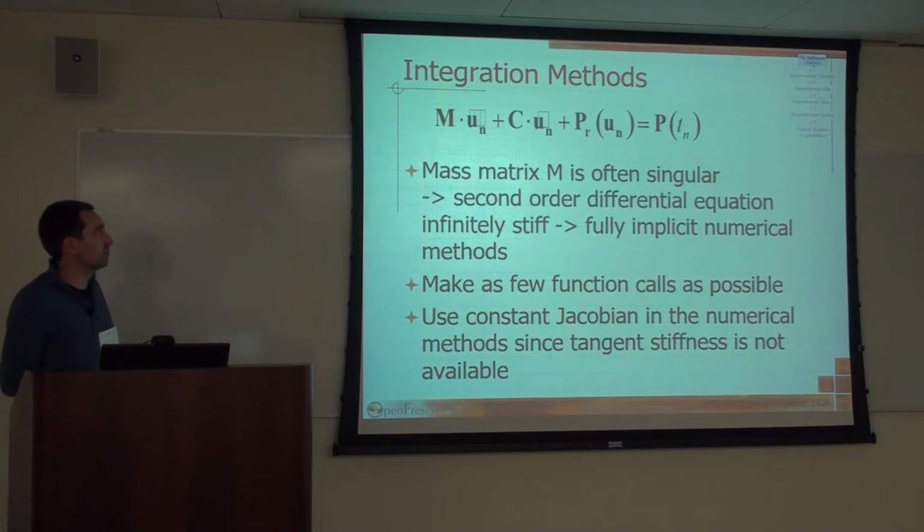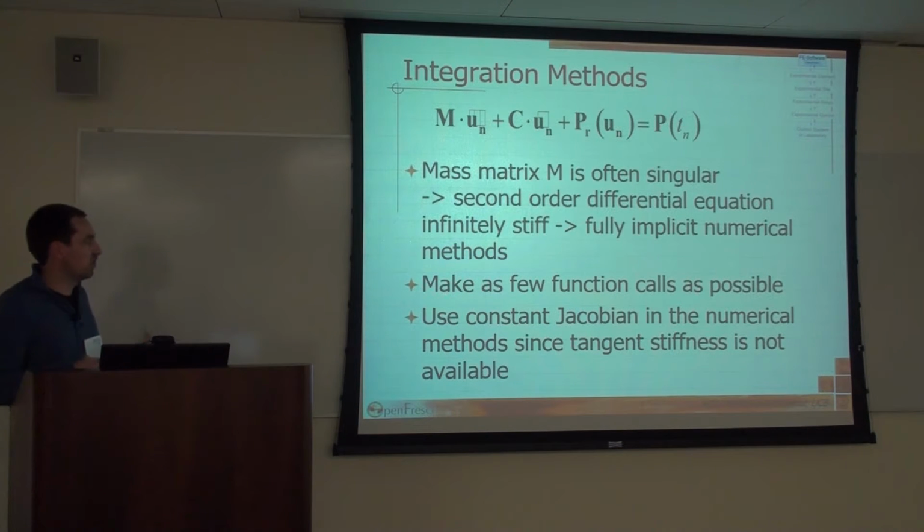Salim already talked about this quite a bit, so I'm going to go quickly. A few words about integration methods. Oftentimes when we have structures where we don't have mass on rotational degrees of freedom, our mass matrix can become singular. And so the differential equation that we're trying to solve becomes infinitely stiff, and that requires that we use fully implicit numerical methods.